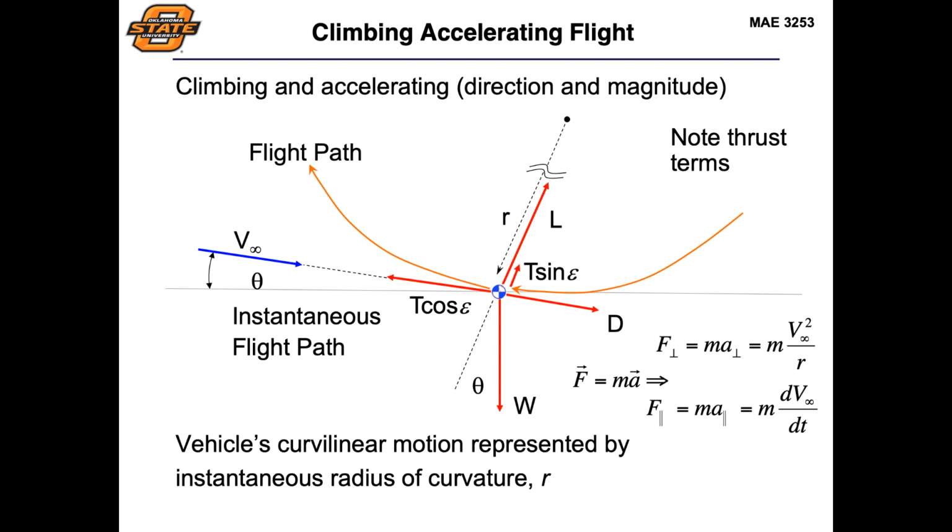Now your forces perpendicular to flight, however, are going to be given by your centripetal equation, where you have F is equal to m times the acceleration perpendicular to your velocity vector, which in this case is going to be m times V squared over r, where r now is that radius of curvature. So you can use this for any instantaneous portion of your flight, and that will tell you then what those forces are acting on your aircraft.